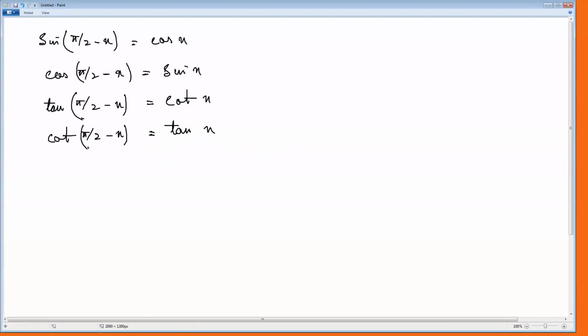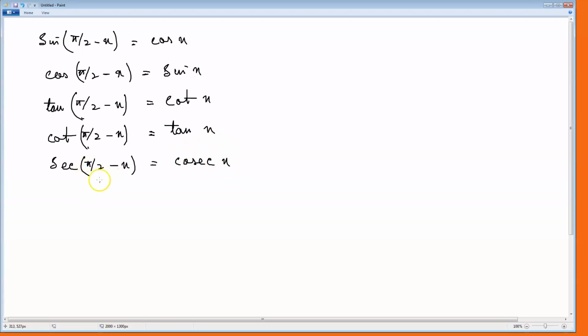And also we had the secant of pi by 2 minus x, which is equal to cosecant x.